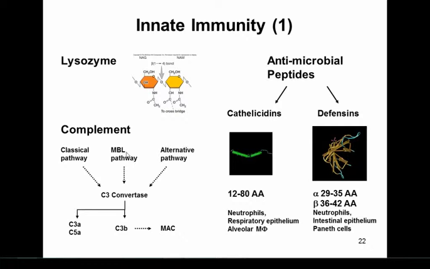So this is an innate receptor specific for some structures often found on bacteria, and if these bind, that will kick off the complement. And the alternative pathway, this is a really clever one.